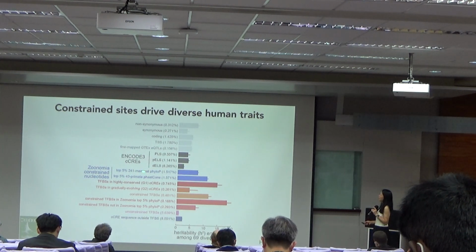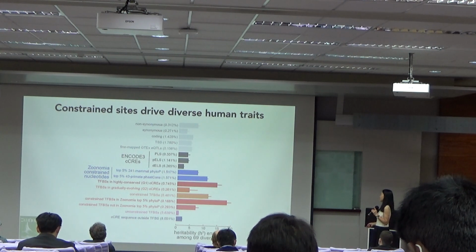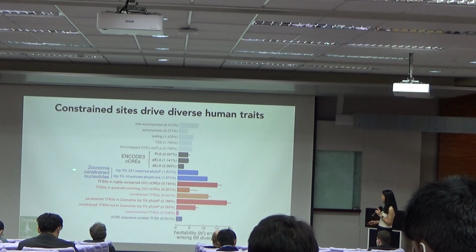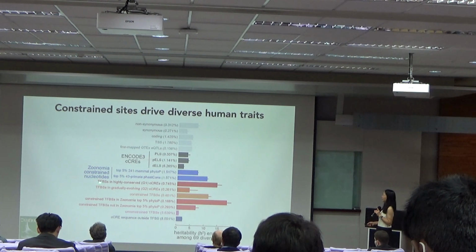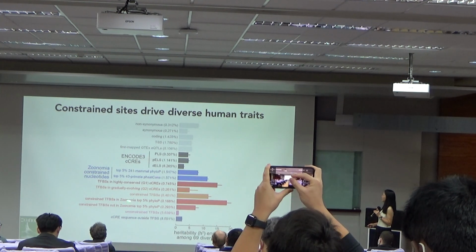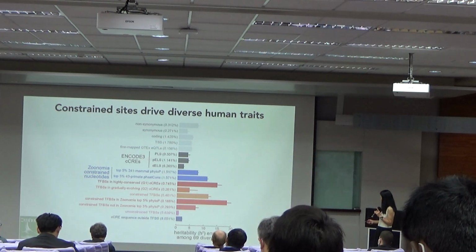Here are the two main features in the Zoonomia main papers, and we have a companion paper that's hopefully going to come out soon, early next year. The point is the highly conserved, constrained transcription factor binding sites I told you about are the ones that explain more heritability of these diverse traits, and they go above and beyond the positions of the Zoonomia nucleotides.